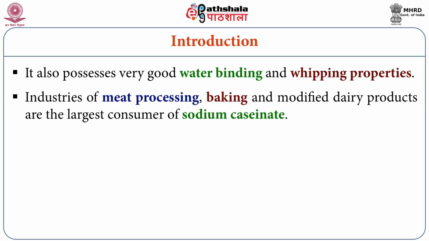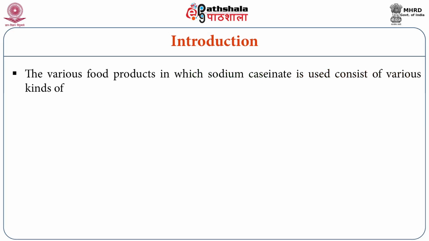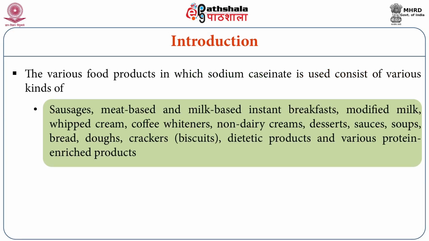Industries of meat processing, baking and modified dairy products are the largest consumer of sodium caseinate. The various food products in which sodium caseinate is used consist of various kinds of sausages, meat based and milk based instant breakfast, modified milk, whipped cream, coffee whiteners, non-dairy creams, desserts, sauces, soups, bread, dough, crackers, dietetic products and various protein enriched products.